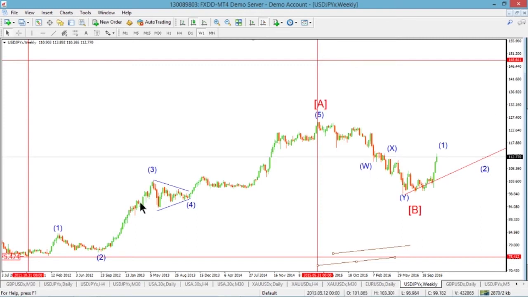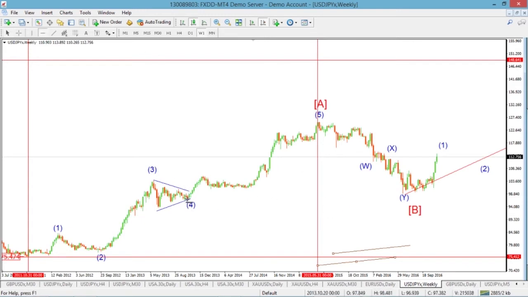The next lower degree is the waves that make up the internal waves of wave A and wave B, and they're labeled in blue there. So wave 4 here in blue would be the fourth wave of one lesser degree.